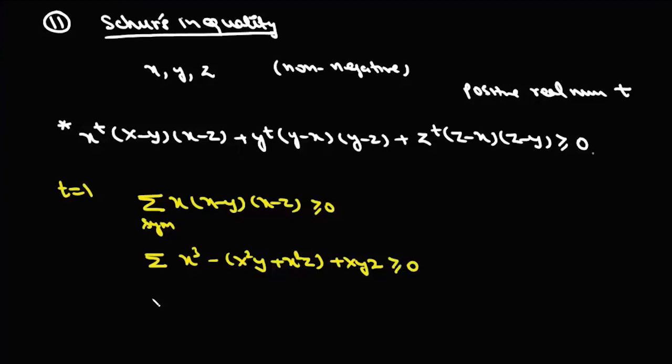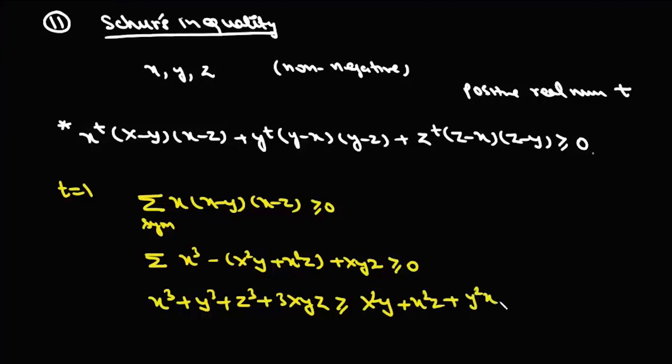So from here we can write this x cube plus y cube plus z cube plus 3xyz is greater than or equal to x square y plus x square z, y square x plus y square z plus z square x plus z square y.